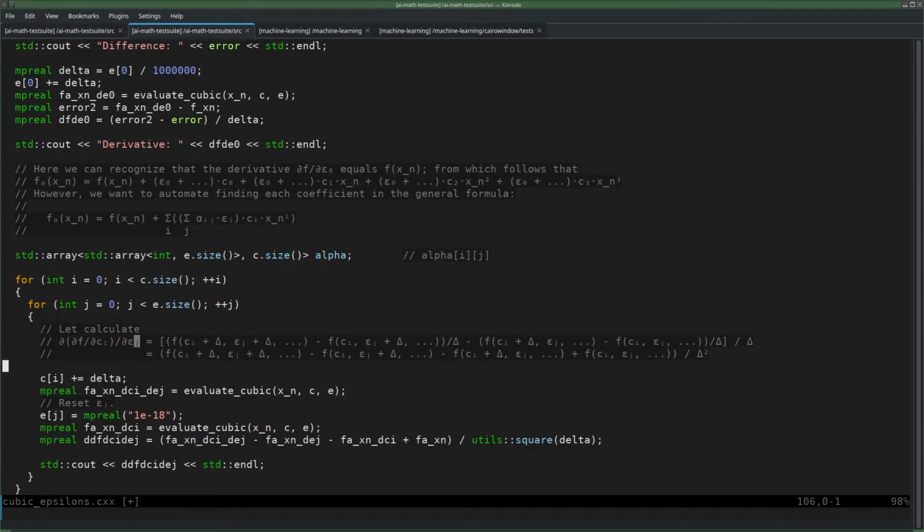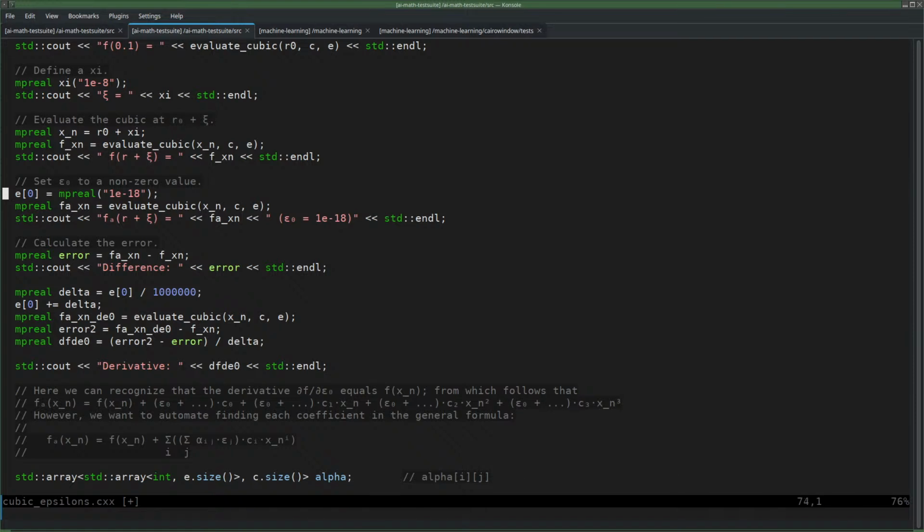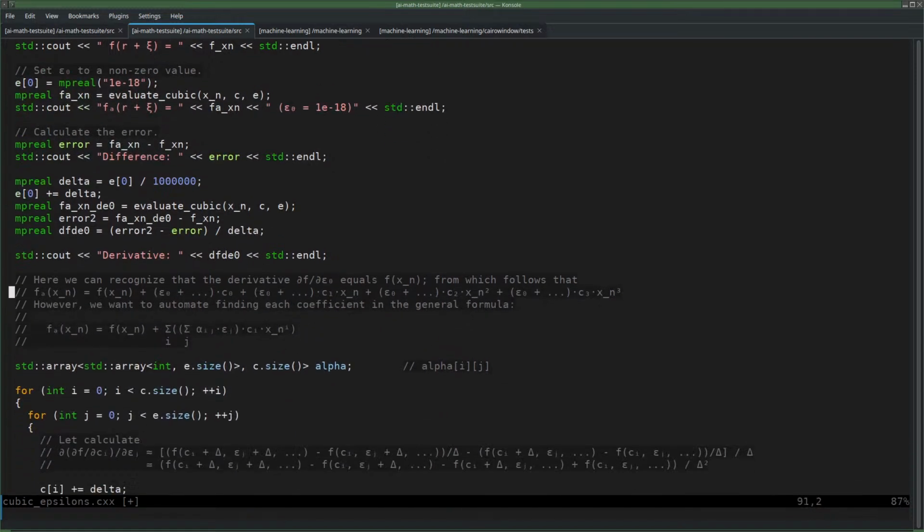Okay. I want to reset actually before we enter this loop. What did I set? Only epsilon 0. I said epsilon 0. Yeah, this is like the first thing that I'm going to set, I think. So maybe no need to reset that.